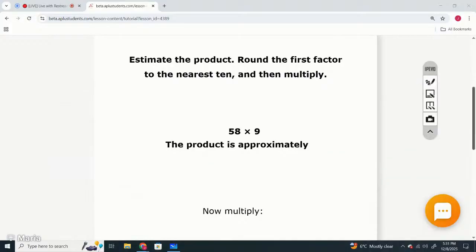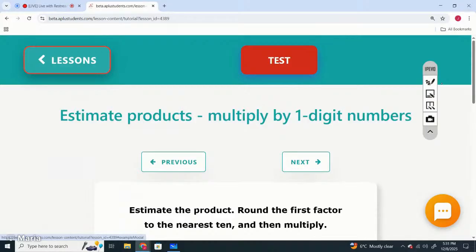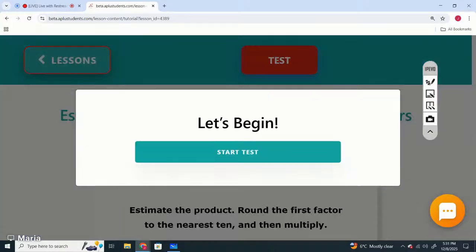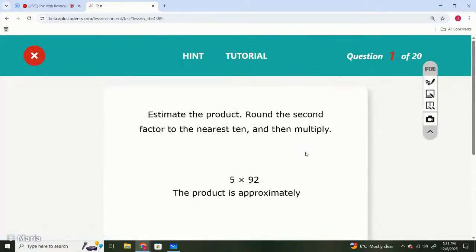Let's just start with the test questions. Basically, rounding off means you need to round to the nearest 10, right? Estimate the product, round the second factor to the nearest 10 and then multiply. We have to do 5 times 92, right?